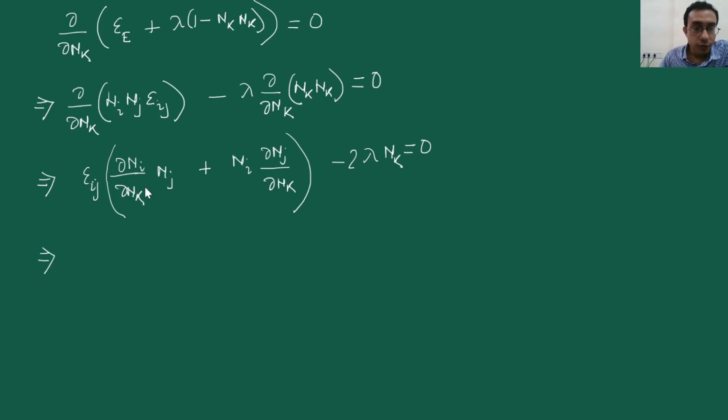We have to find out the answer for this del ni del nk. It seems deceptively simple. It is simple, but we have to be a little bit careful here. So you see, suppose instead of the ni we had nk here. Suppose we were very fortunate that somehow there was an nk present.